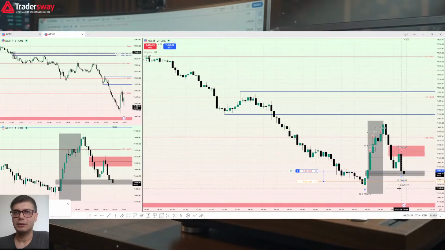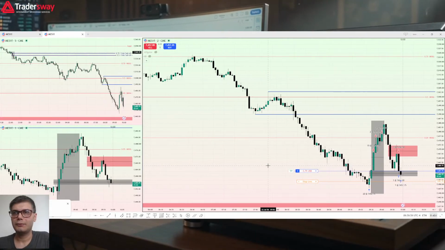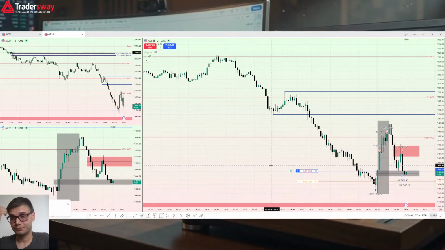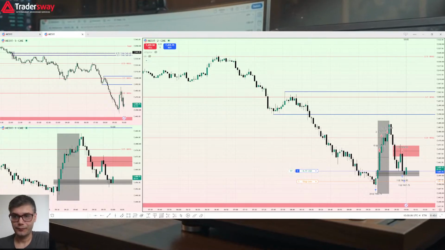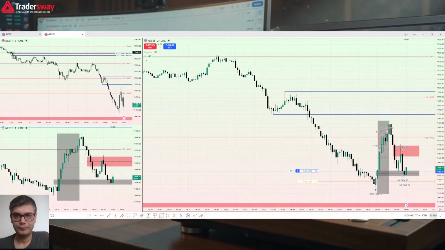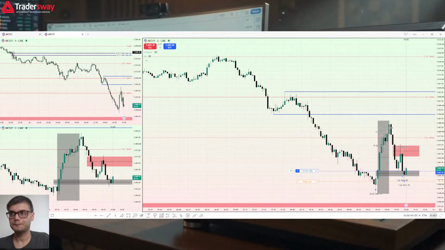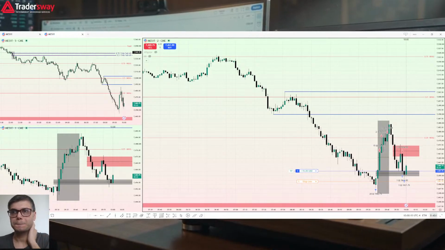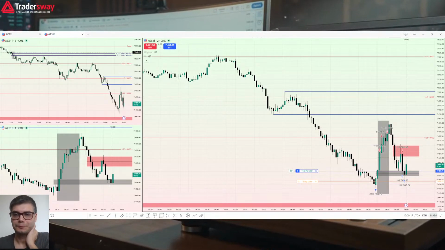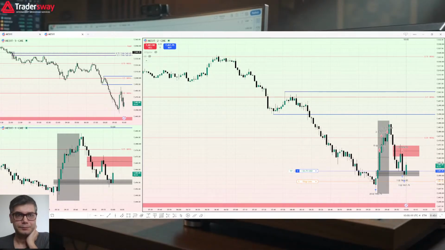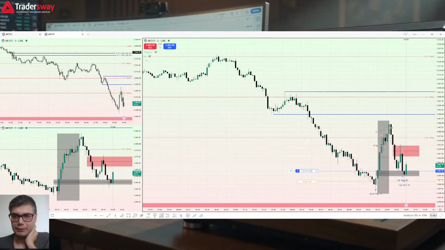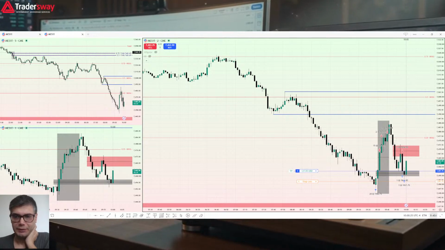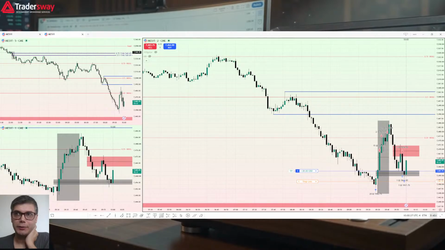Keeping the stop very tight. At NASDAQ, the delta on NASDAQ also made a new low.